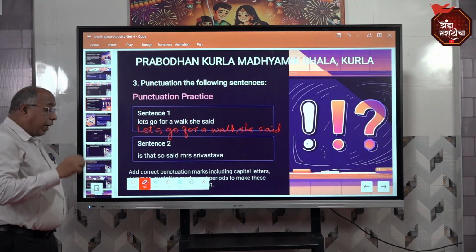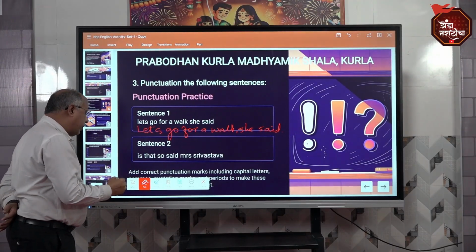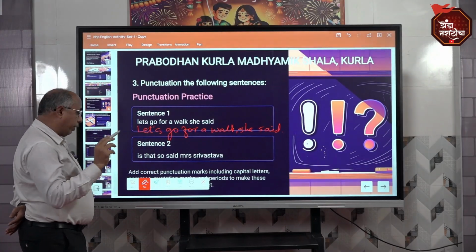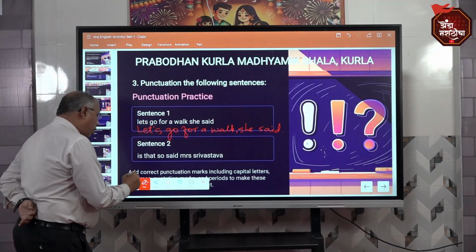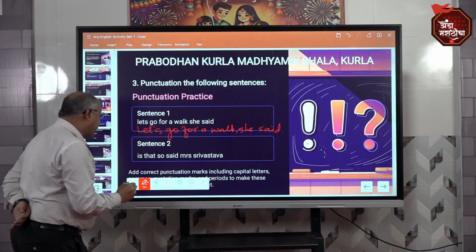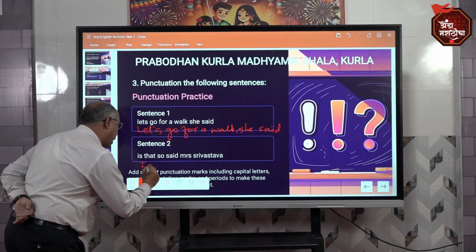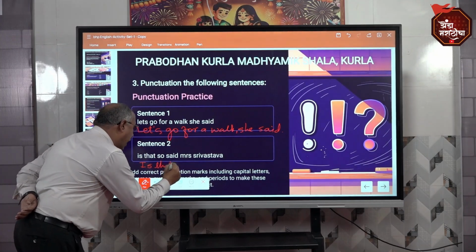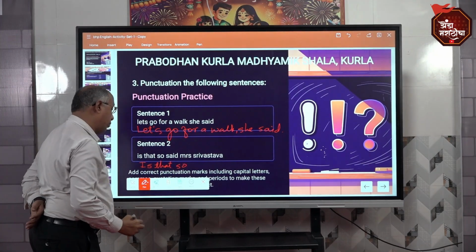Right now, let us go to the next sentence. The next sentence is different from the first sentence. Why is it different? Let us see. When you start this, the first word begins with I, so I will be capital: "Is that".